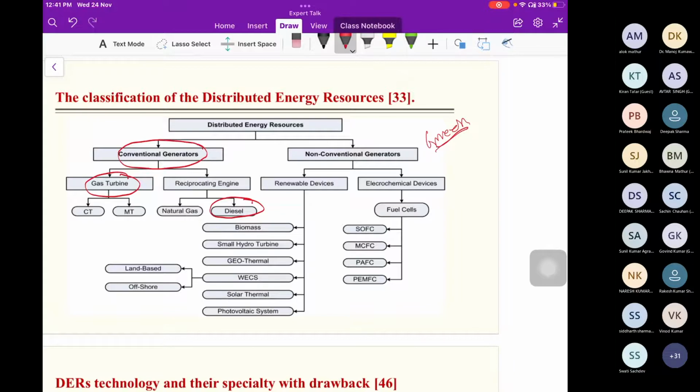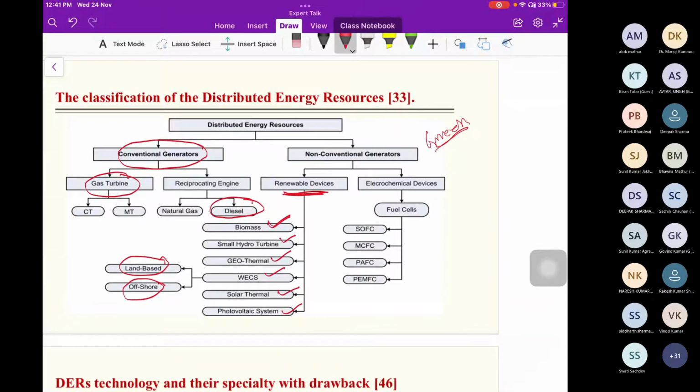The non-conventional generators are renewable devices: biomass, small hydro turbines, geothermal. Geothermal is basically in the American regions; in India geothermal generation is not possible. Wind generation is also classified into land-based and offshore, along with solar and photovoltaic systems.